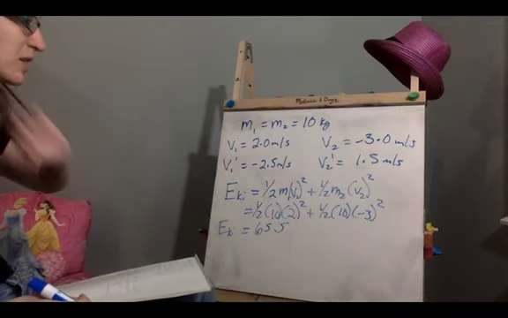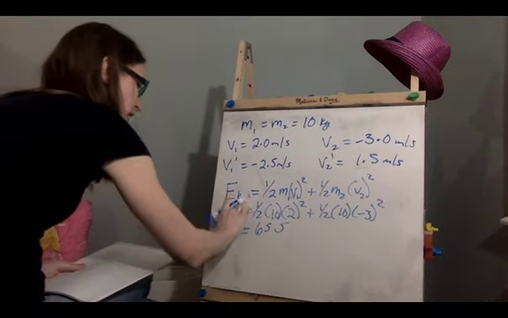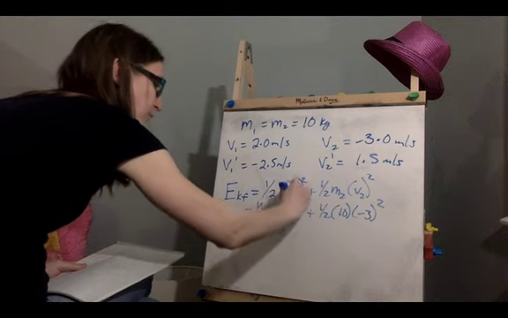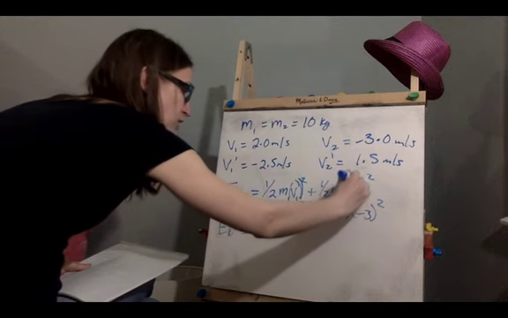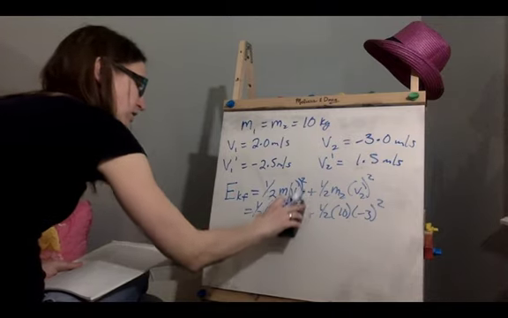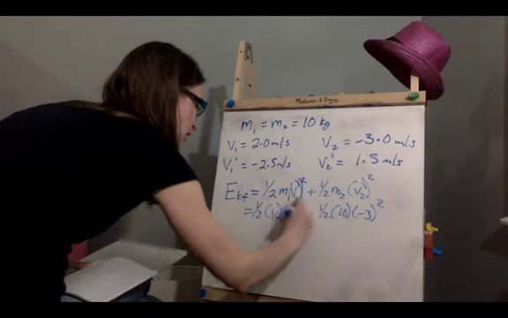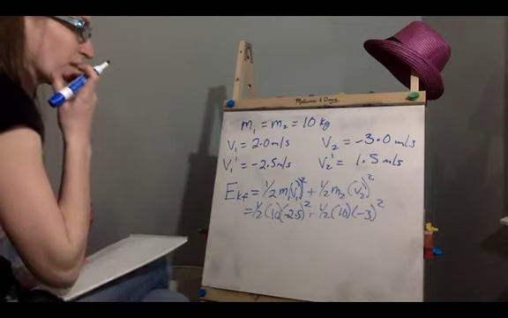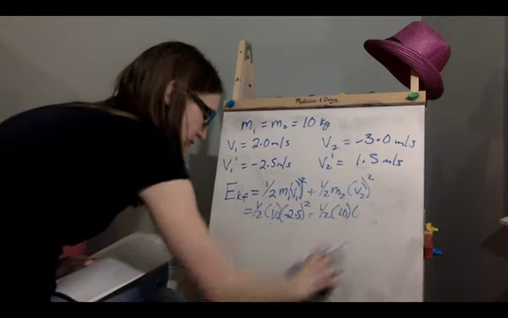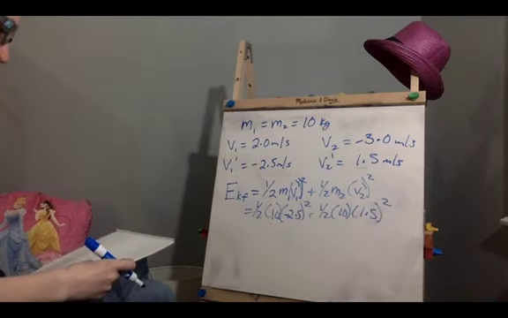And then you can do the same thing for final, right? So it's just, all right, now this is EKF, so then this is V1 prime, and then this is V2 prime. So what changes is that this velocity is now negative 2.5 meters per second, and then we're squaring that, and then this is the 1.5, and being squared, right?